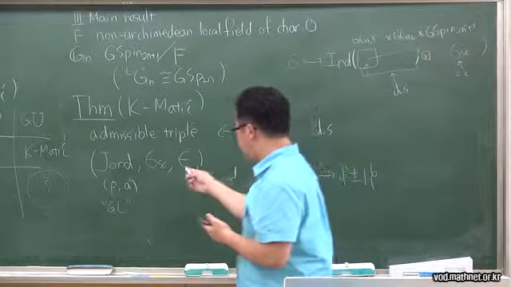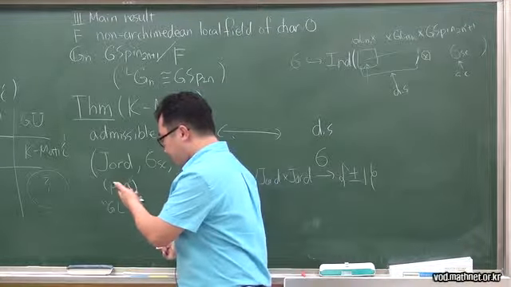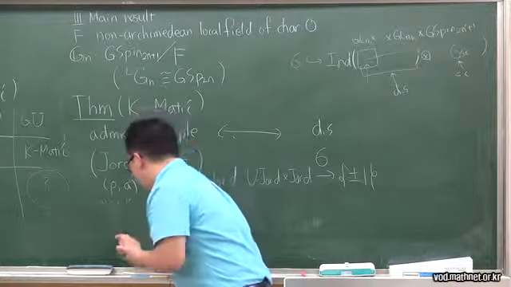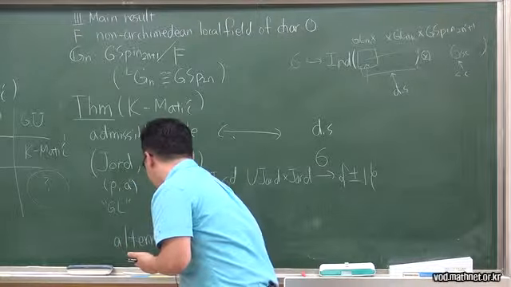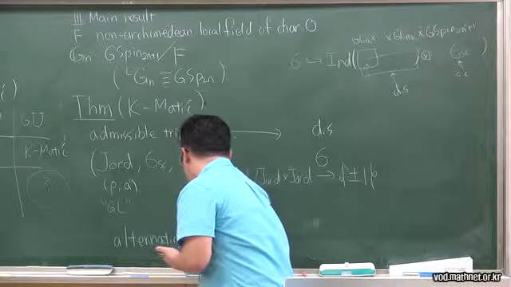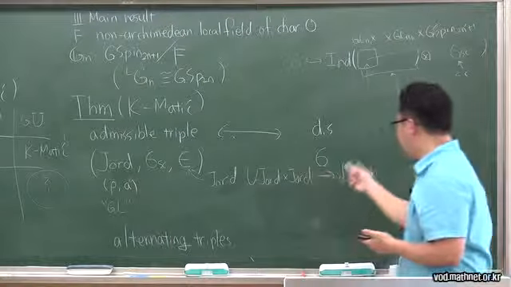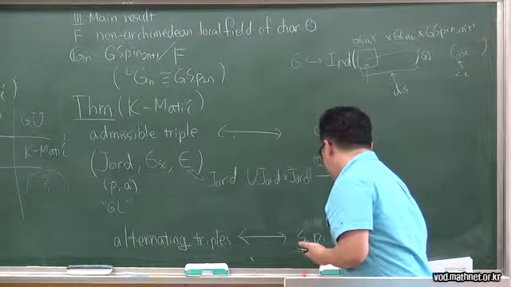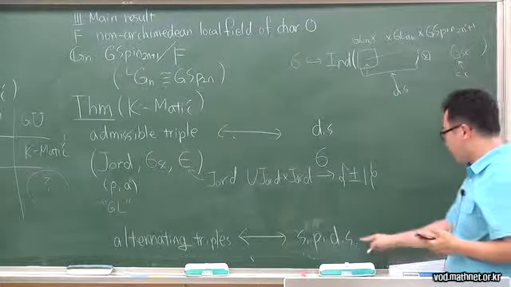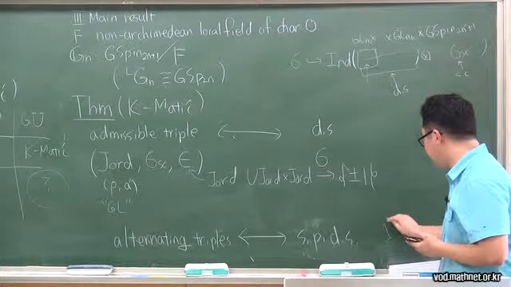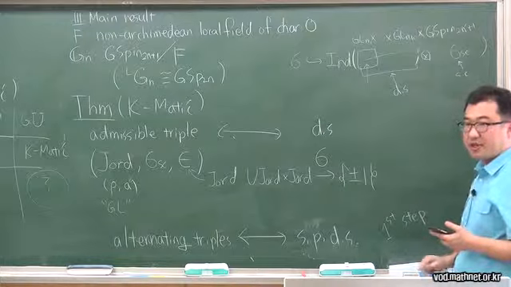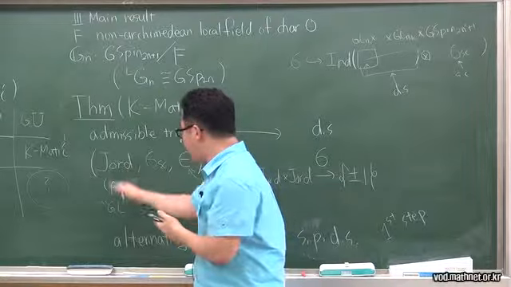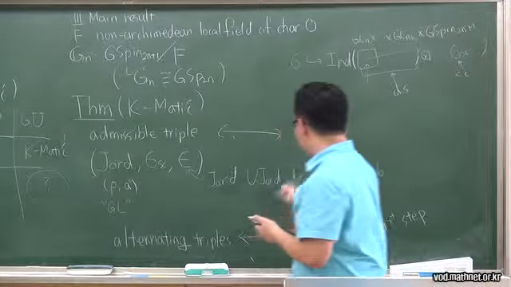And then this classification is by induction, meaning that all the way down here we have a certain triple, which is called an alternating triple. Meaning that the epsilon value is alternating. And this corresponds to strongly positive discrete series representations. But this classification of strongly positive is the first step that I'm going to skip. Okay? From strongly positive to admissible representations, by adding pairs of this Jordan set, we can fully classify the sigma.